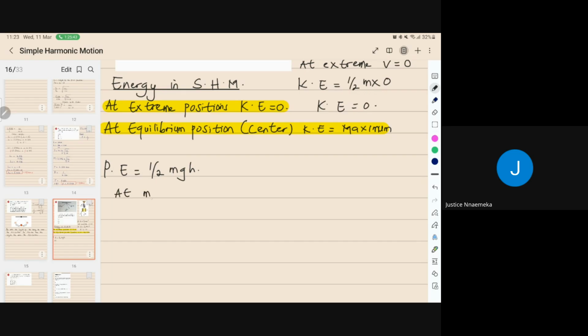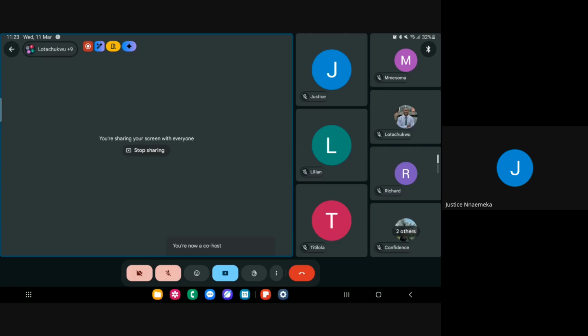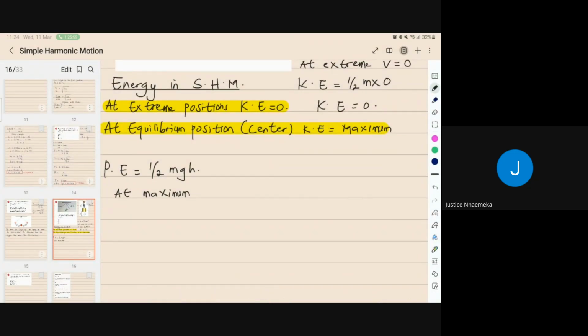At maximum displacement, h is equal to the amplitude.